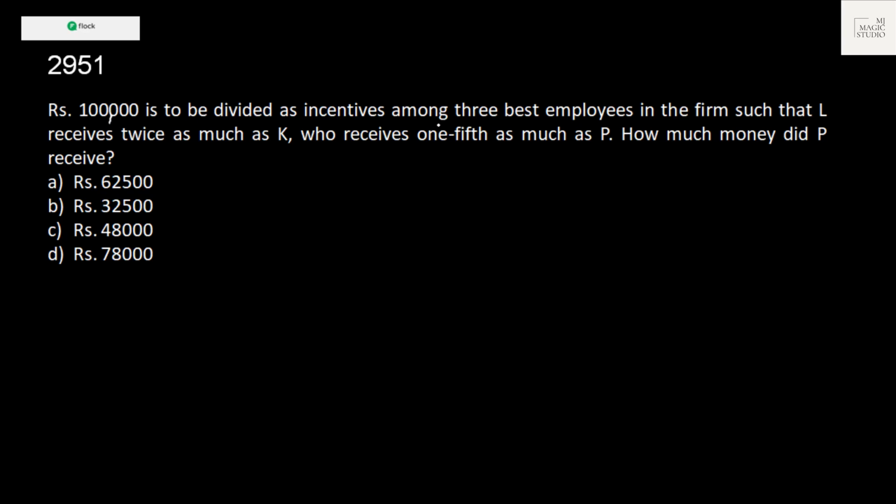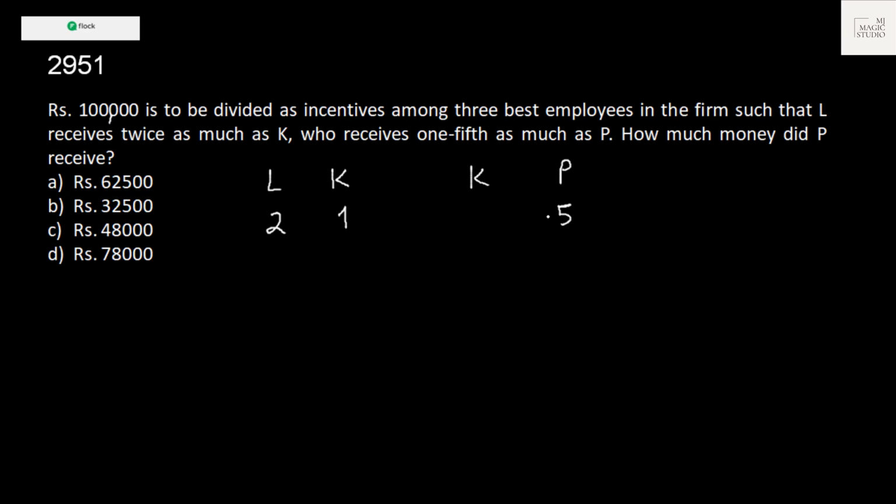Rupees 1 lakh is to be divided as incentives among 3 best employees in the firm such that L receives twice as much as K. LK. If K receives 1, L receives 2. And who receives 1/5 as much as P? So KP.